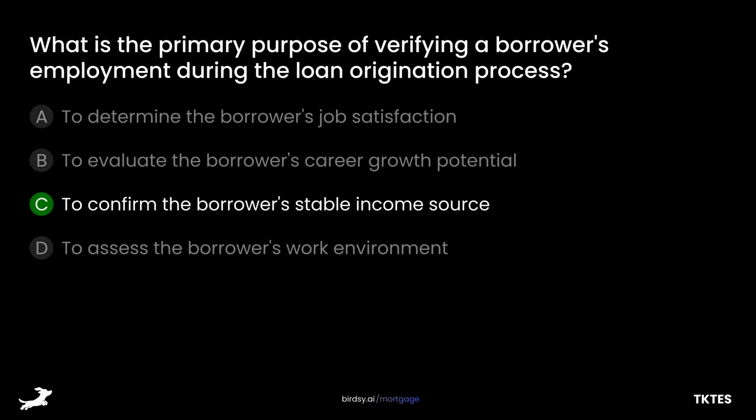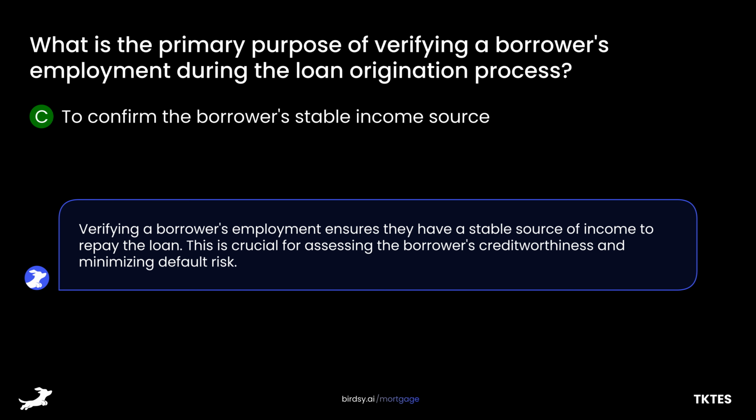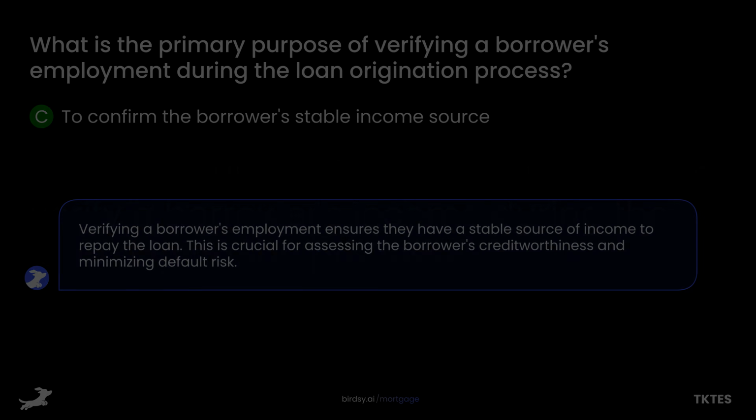The answer is C. To confirm the borrower's stable income source. Verifying a borrower's employment ensures they have a stable source of income to repay the loan. This is crucial for assessing the borrower's creditworthiness and minimizing default risk.